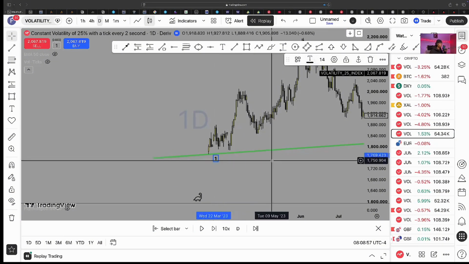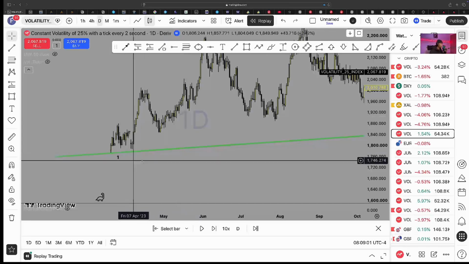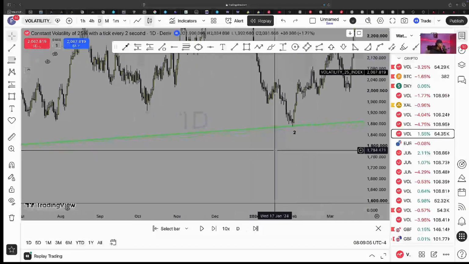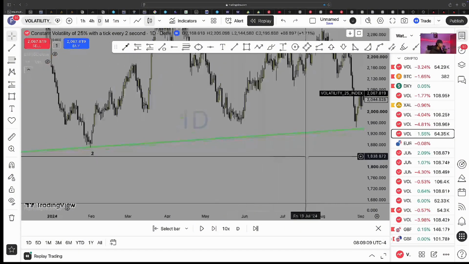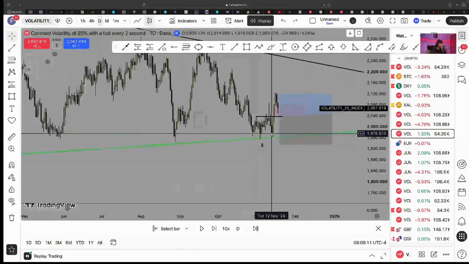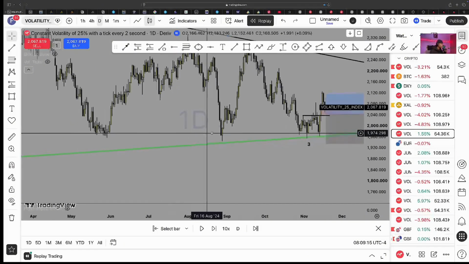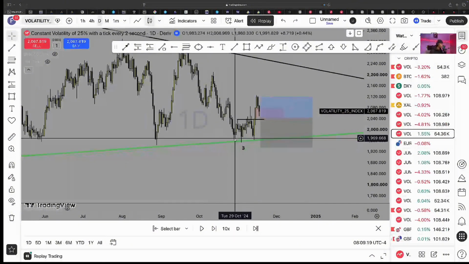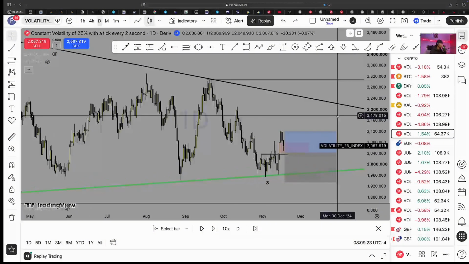So if you watch the last video I did about trendlines, the first touch, the second touch is not really confirmed to be a strong trend line until we have this third touch. As you guys can see, this was not a touch of the trend line. This is the main third touch of the trend line.